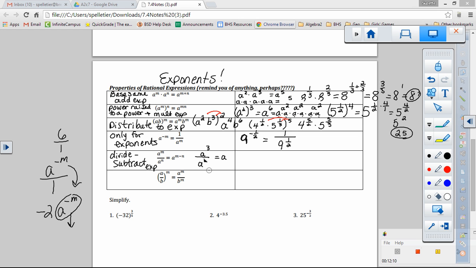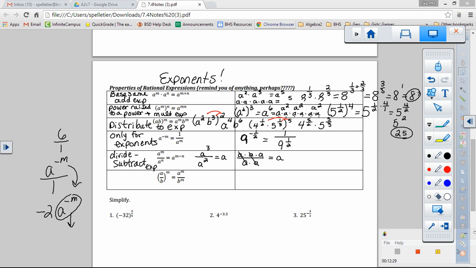So if I actually do that out, a to the third is a times a times a, and a squared is a times a. Those would cancel, and those would cancel, and I'd be left with just an a.